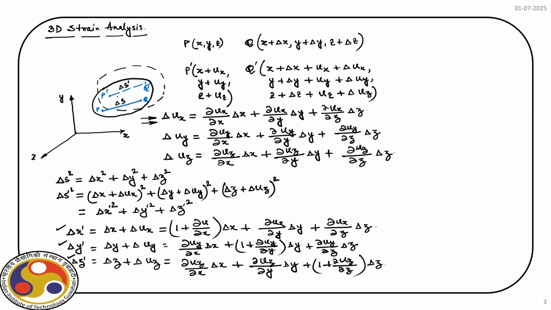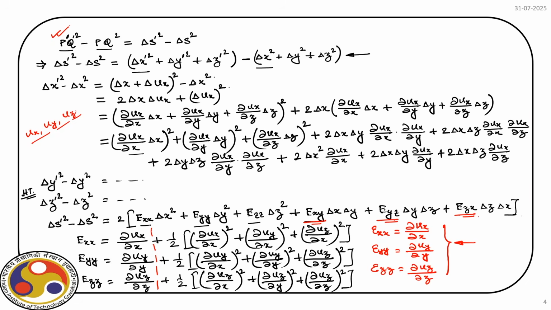We started from this point, which actually goes to this p prime. So, we have quantified n x, n y, n z. Then for the q prime point, we will have n x prime, n y prime and n z prime, that we will first quantify, and then we will move further in our strain analysis.